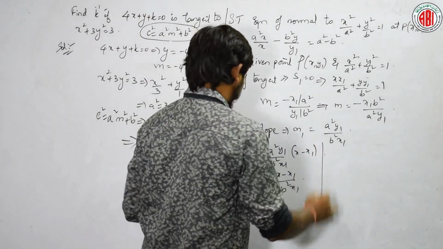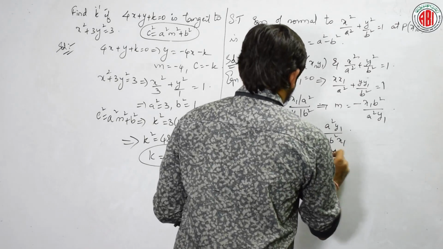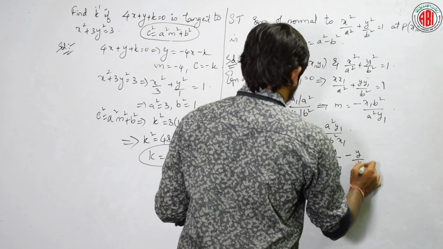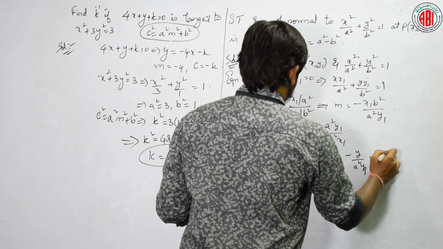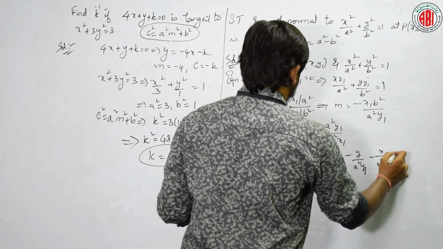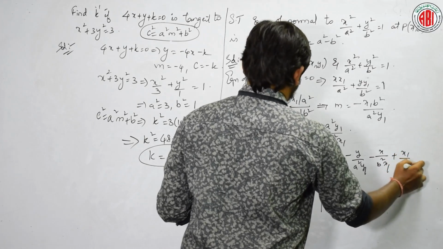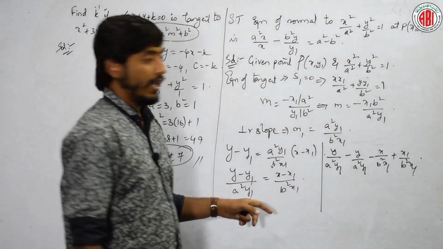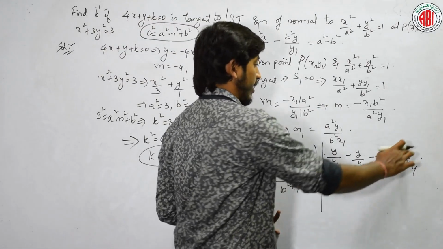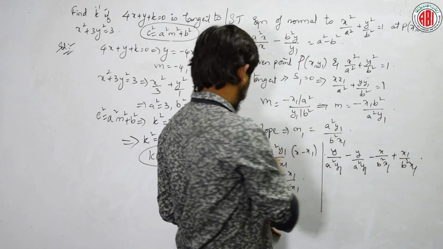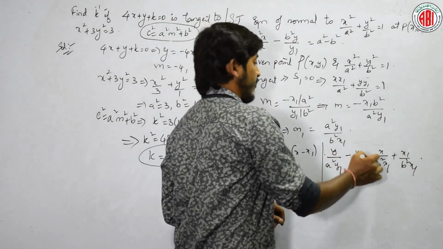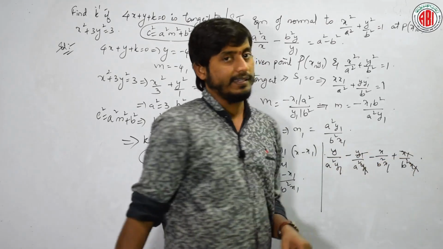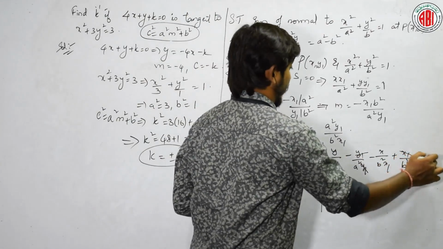What do we get? y by a square y1 minus y1 by a square y1 minus x by b square x1 plus x1 by b square x1. Is it right? Okay. If you observe here, y1 will get cancelled, x1 will get cancelled. Right, this is equal to 0, do not forget that.